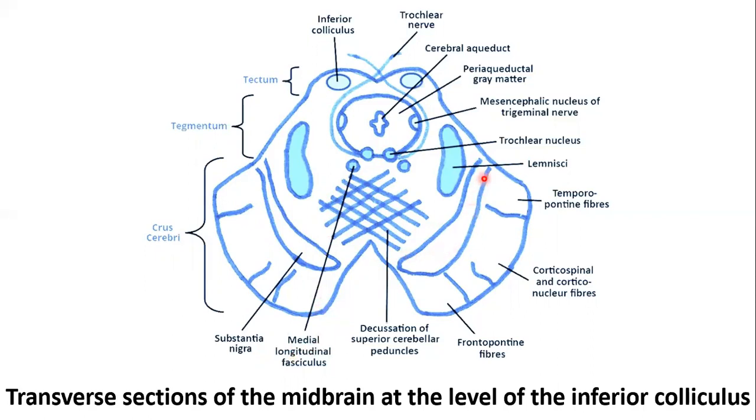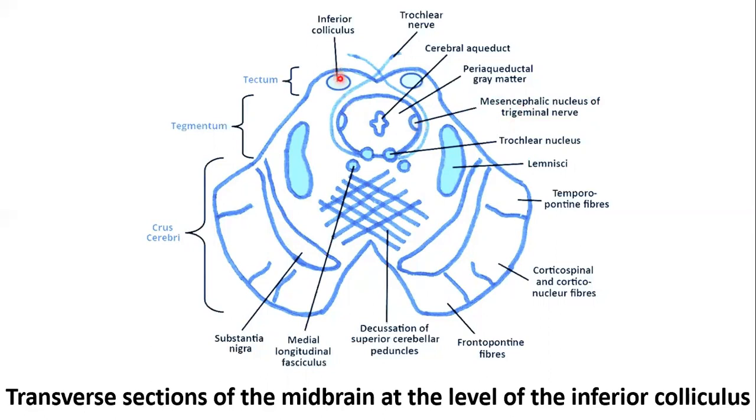This is the substantia nigra, gray matter. And always remember that the mesencephalic nucleus of the trigeminal nerve is present over here. This is another gray matter. It is very easy to remember.